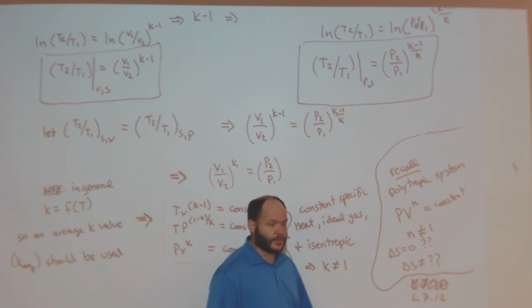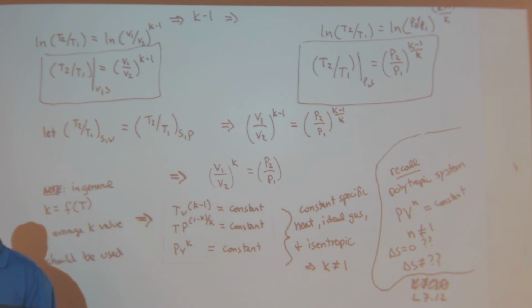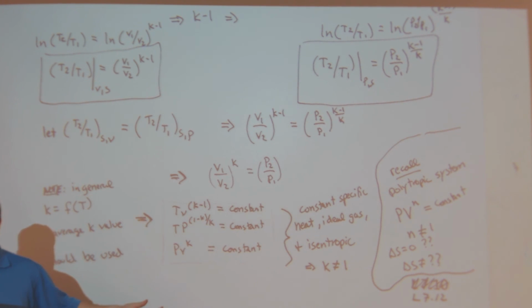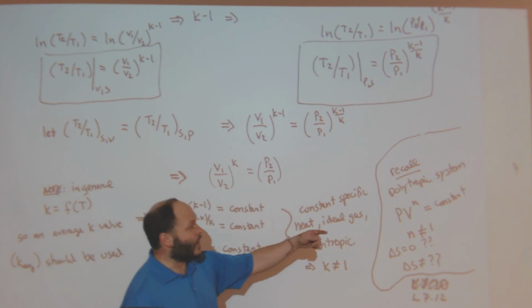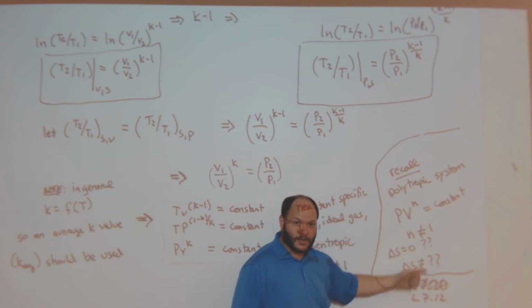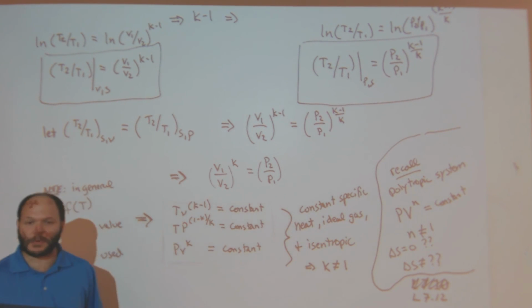Does it equal 0 or does it not equal 0? What is it? It doesn't equal 0, right? Isentropic process. So, a polytropic process where n equals k is equivalent to an isentropic process, right?